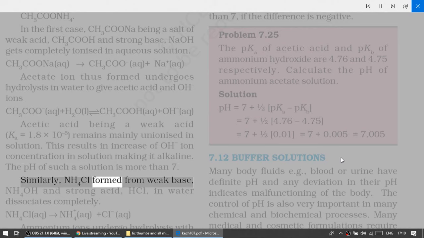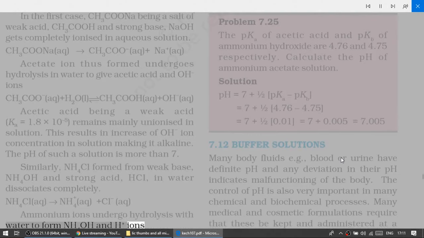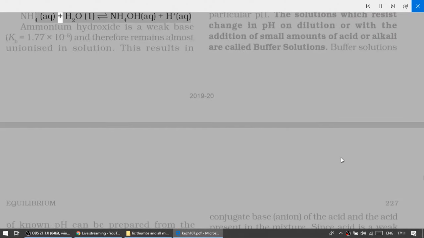Similarly, NH4Cl, formed from a weak base, NH4OH, and a strong acid, HCl, in water dissociates completely: NH4Cl → NH4⁺ + Cl⁻. Ammonium ions undergo hydrolysis with water to form NH4OH and H⁺ ions: NH4⁺ + H2O ⇌ NH4OH + H⁺.